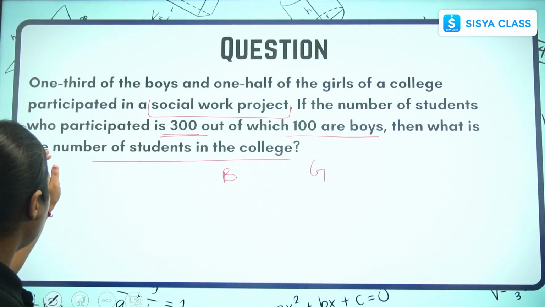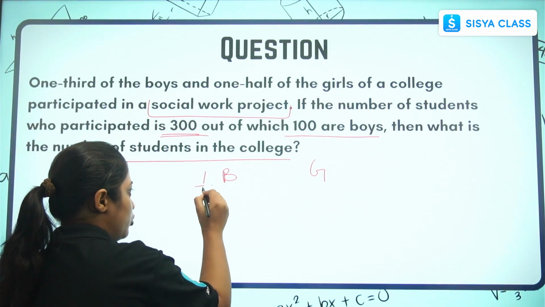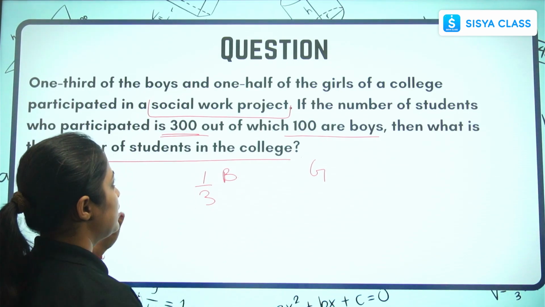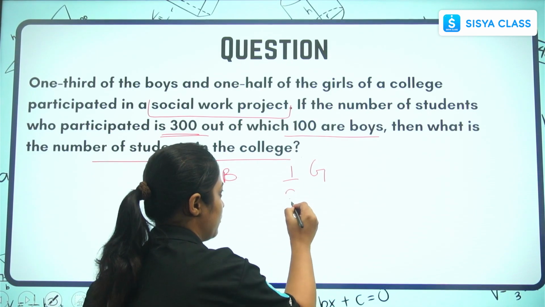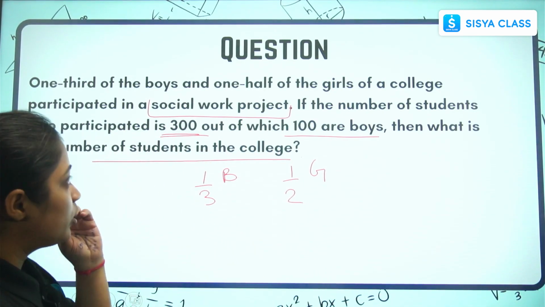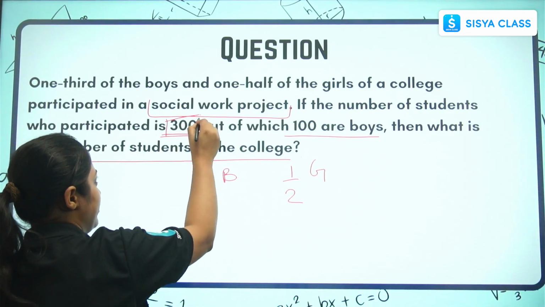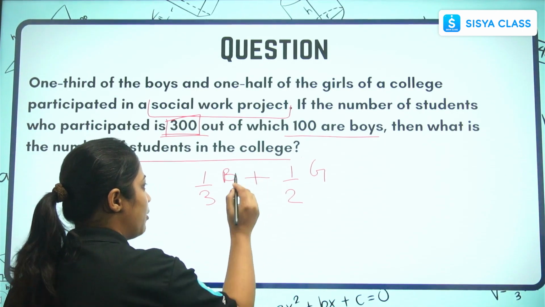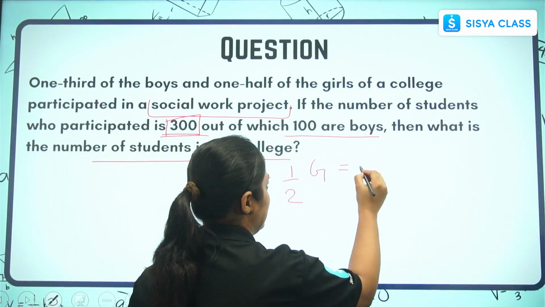Now it is given that 1/3 of boys participated and 1/2 of girls participated. And it is also given that the total number of students who participated is 300, right? That is the sum of 1/3 of boys and 1/2 of girls, it is 300, okay?